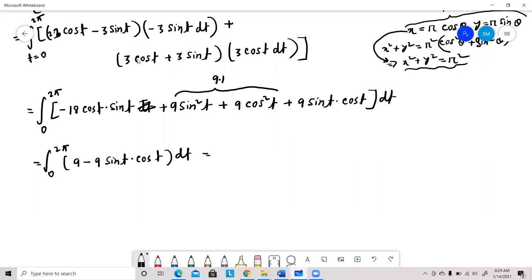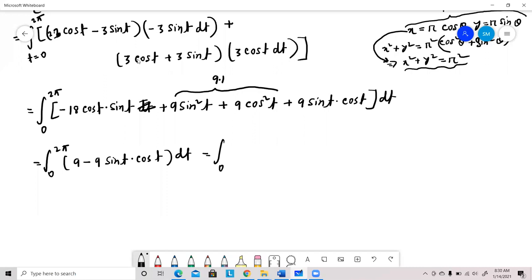Now how could we evaluate this integral? Is any further simplification needed or not? We need to simplify sin t cos t. 9 by half, multiplying by 2, 2 sin t cos t, so sin 2t will come. Excellent. Since it is a product term, we can convert these two terms into one, taking half common.